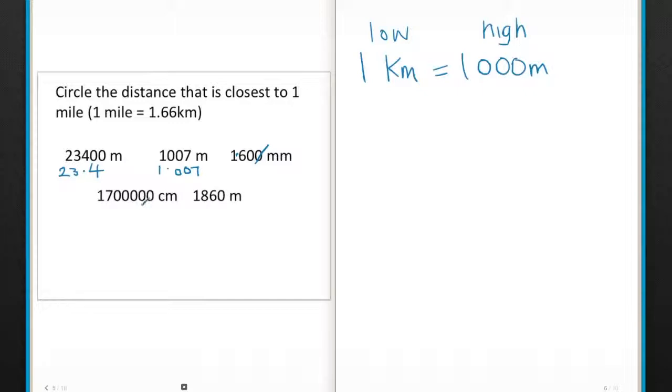Centimetres, change it to metres first, then change it to kilometres by dividing by 1,000, and I end up with 17, so that's not near. Metres, divide by 1,000, 1, 2, 3, this is 1.86. And this is obviously the nearest to 1.66. So this is the answer.